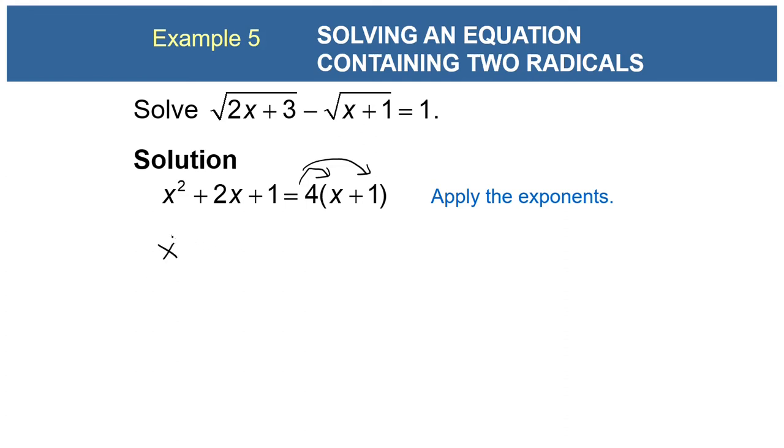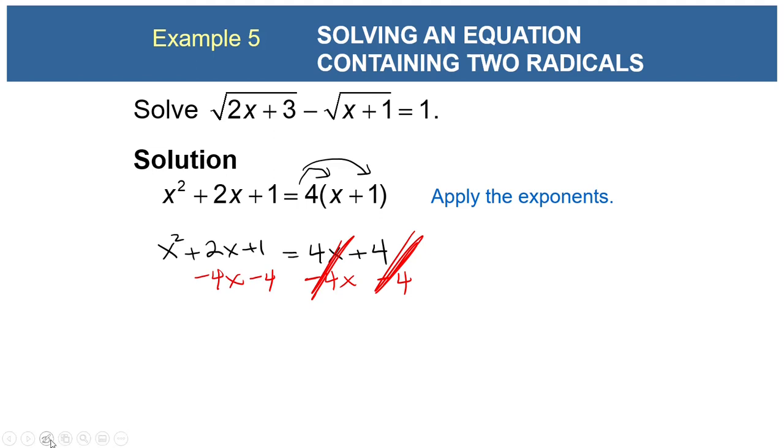This gives us x² + 2x + 1 equals 4x + 4. Let's subtract 4x to both sides, and we'll also subtract 4 to both sides. This cancels and this cancels. I have x² - 2x - 3 is equal to 0.